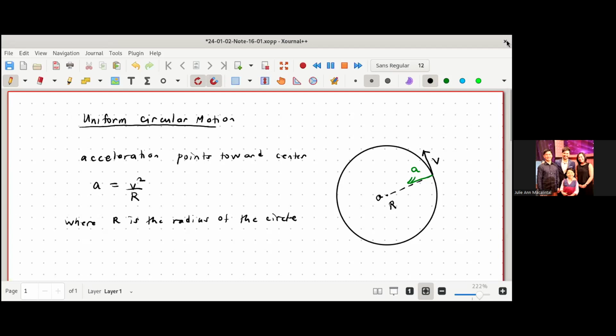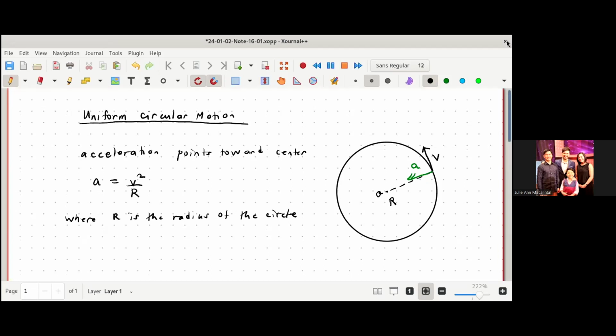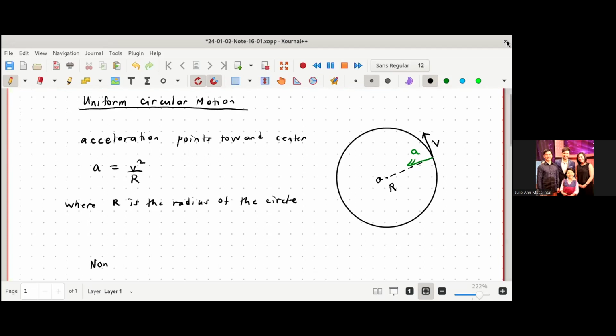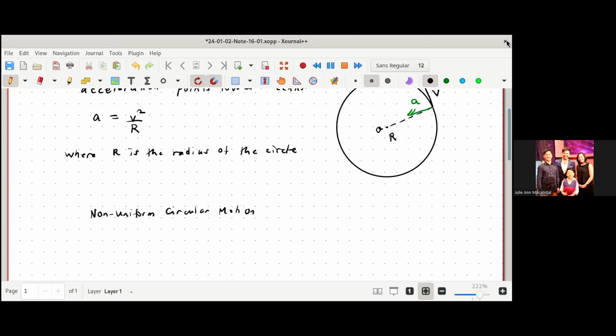Ngayon, paano kapag non-uniform? So, circular motion pa rin, pero non-uniform. Yung acceleration, merong dalawang components.